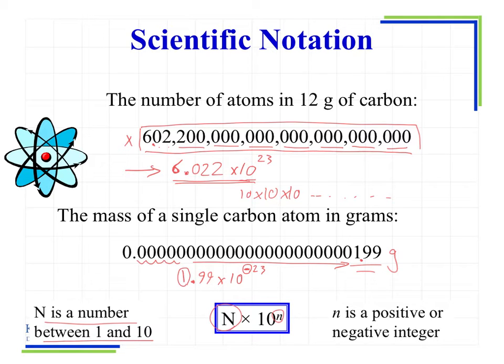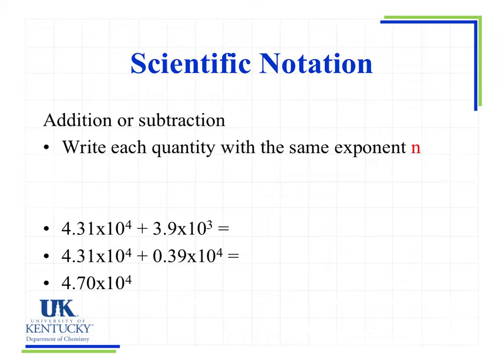If it's a very, very big number, like our first example, the exponent is a positive number. If you're talking about a very, very small number like this one, we have a negative exponent.